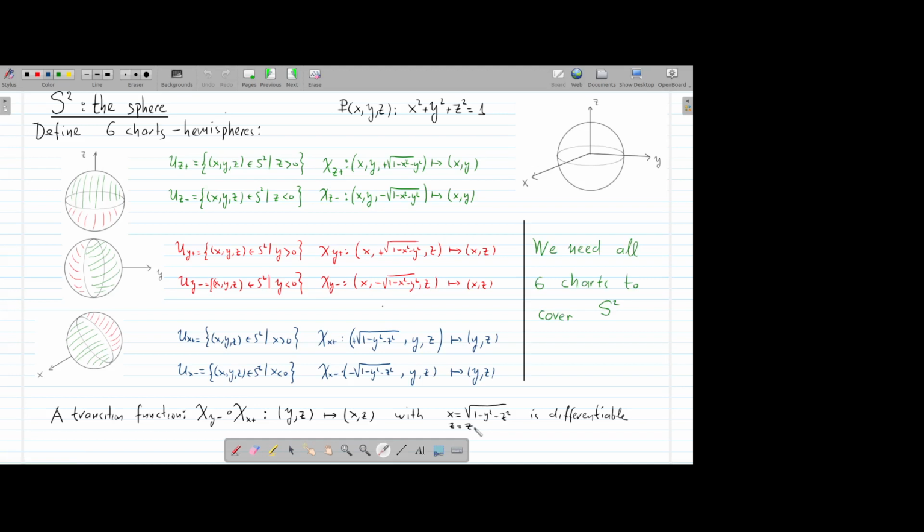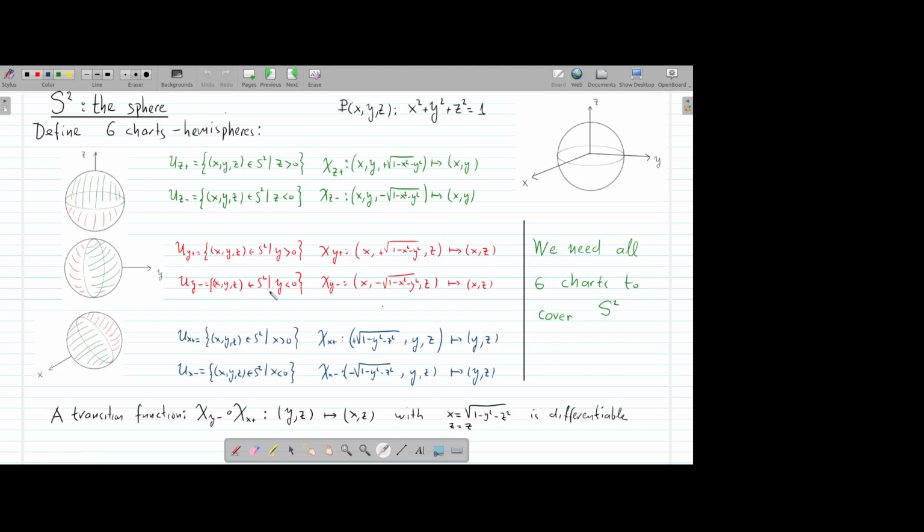Observe also that we need all those 6 charts to cover the whole sphere. So in order to make an atlas, we have to consider all those 6 charts. One may wonder if we need that many charts to cover the sphere S2 for all possible choices.